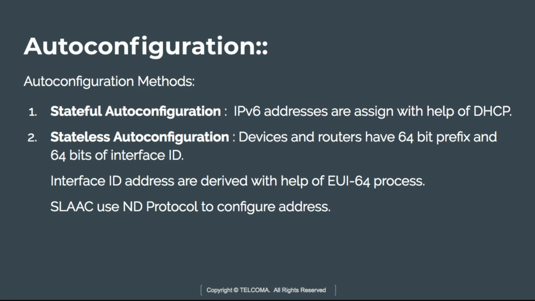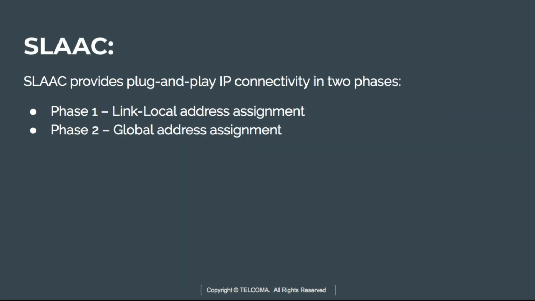Next we are going to discuss SLAAC, that is, the auto configuration process. It provides plug and play IP connectivity in two phases. The first phase is link local address assignment, and phase 2 is global address assignment.